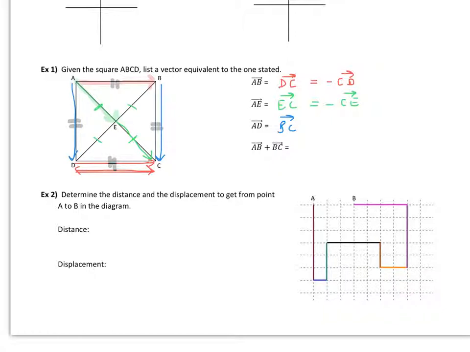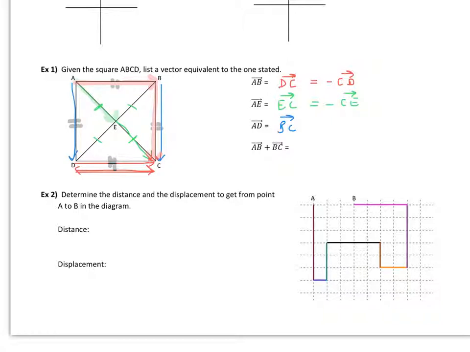A to B plus B to C. So this is starting to get into what we're going to cover actually in our next lesson, but not today. If I look at A to B, we've already have that outlined, and then I'm going to add to it, or go on top of that, B to C. So now I'm down in the bottom right corner.